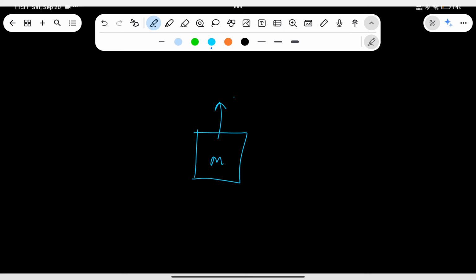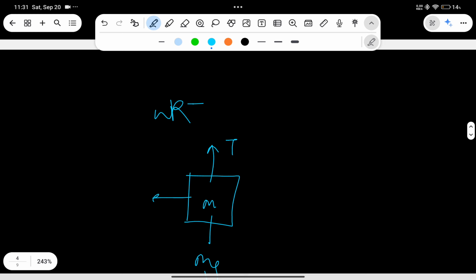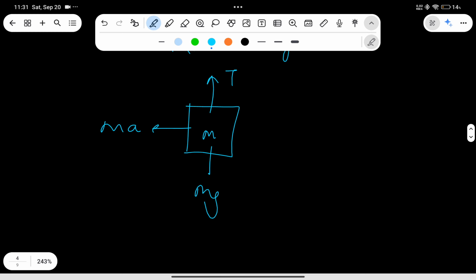Now, it is the tension, it is mg. The pseudo force is in this direction, because we are writing this with respect to the wedge. The pseudo force will be ma only, and the normal reaction will be in this direction. There will also be friction, because the block tends to move in this direction with acceleration a, so the friction force will be upward.